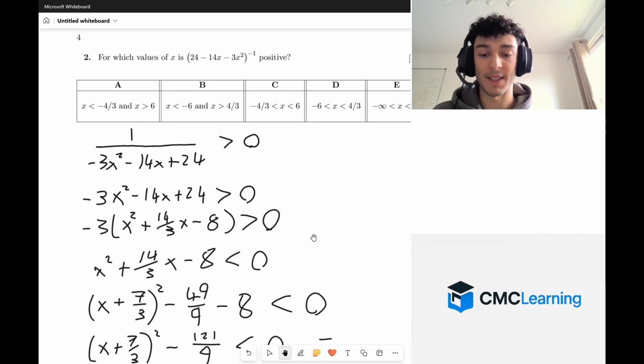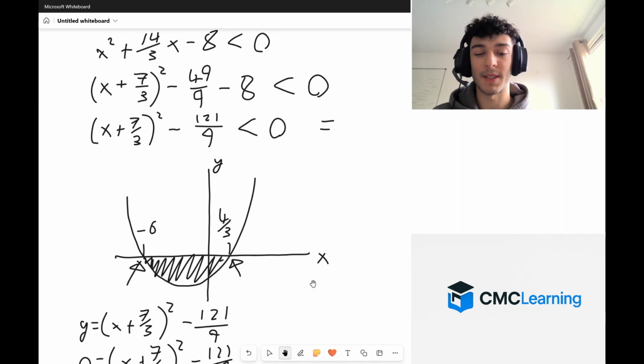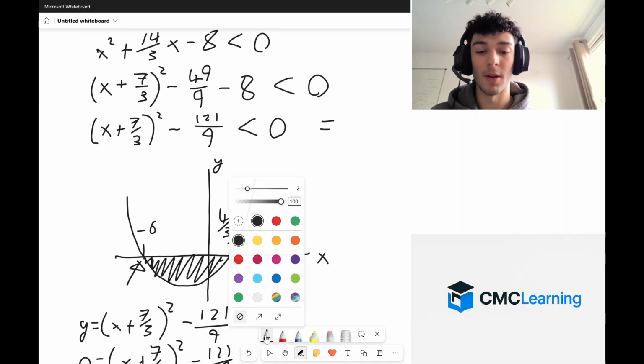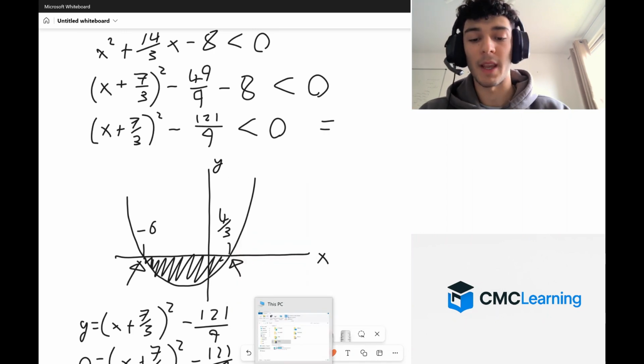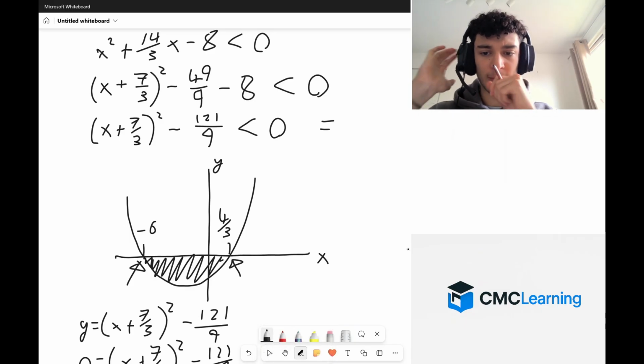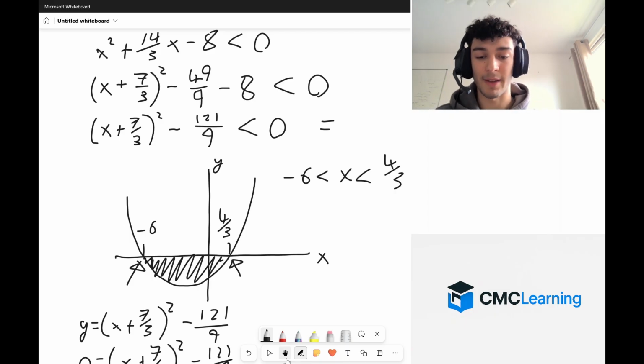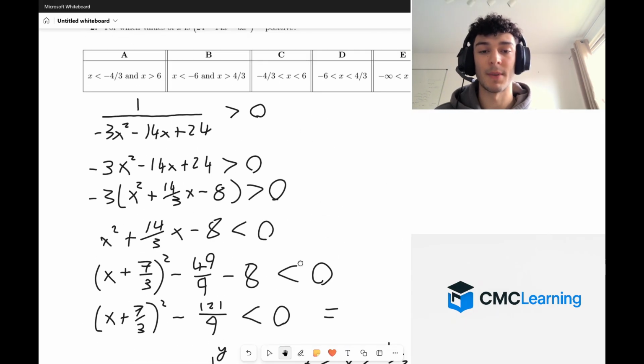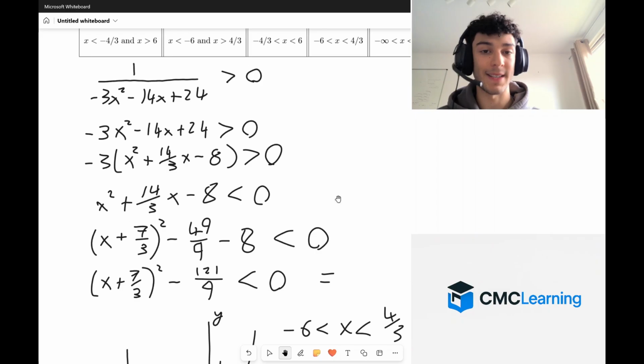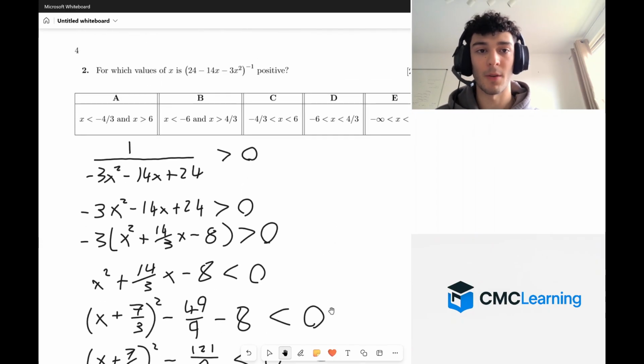So let's have a look. We have our x value. We can write this as just one inequality: x being greater than minus 6 and x being less than 4 over 3. If we have a look at the possible answers, we see that D matches up quite nicely with our answer.